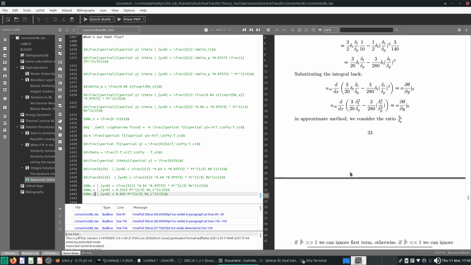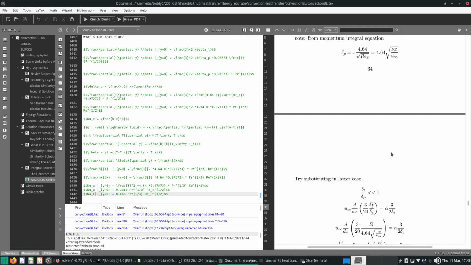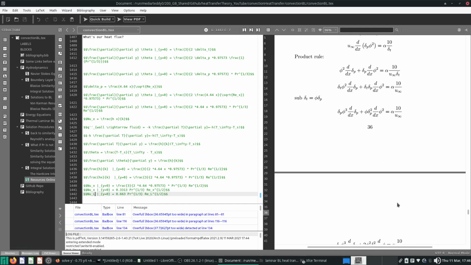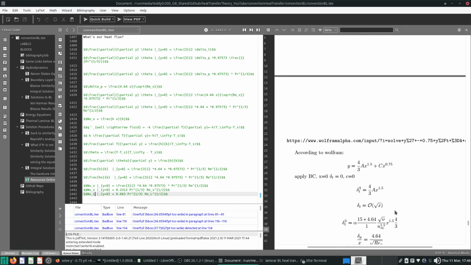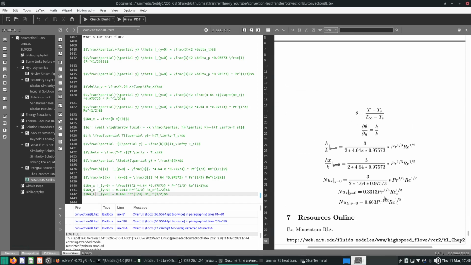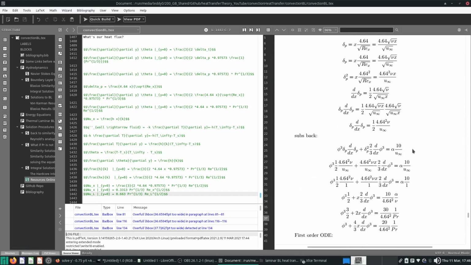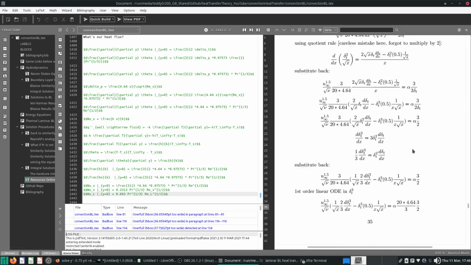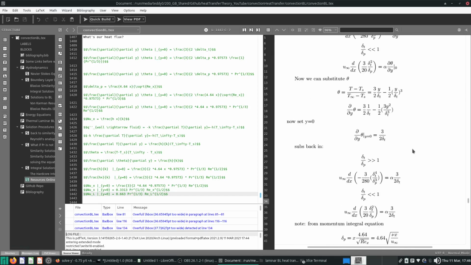So if you have a Prandtl number of 1, you can still afford to use all these equations and this correlation. You'll be about maybe 8% off in terms of boundary layer thickness. Other than that, it's pretty okay.